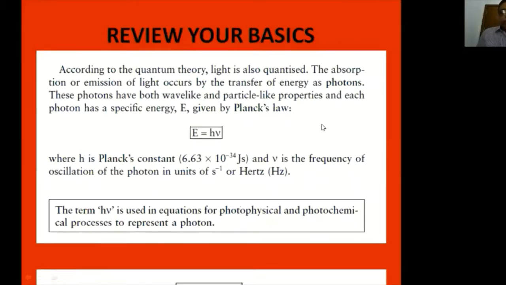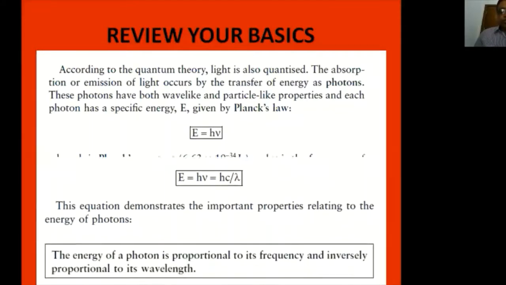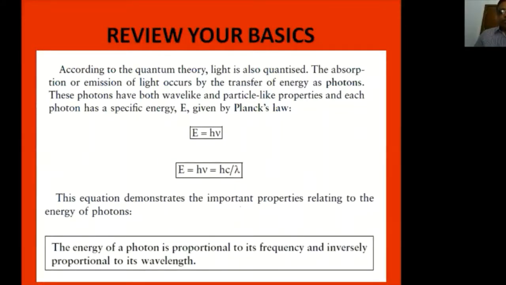Now, when you look at E is equal to h nu, you can also substitute the frequency as c by lambda. So this really demonstrates the relationship of how exactly the photon energy is related to the wavelength. It is inversely proportional to the wavelength, and otherwise nu is directly proportional to the energy.